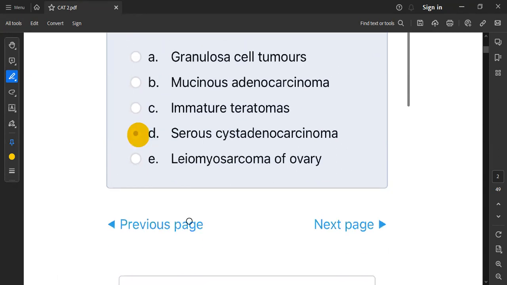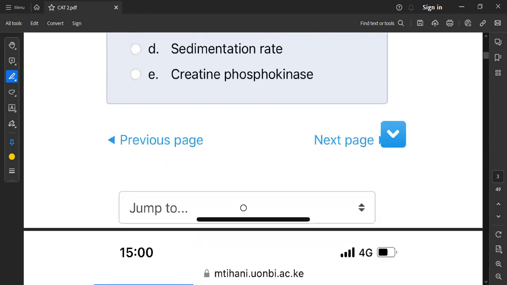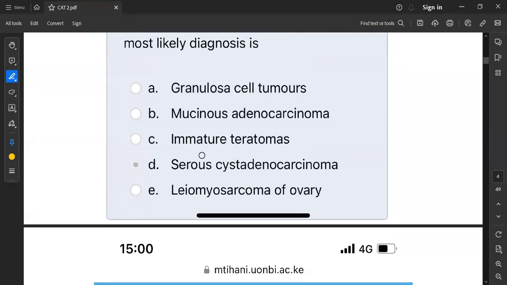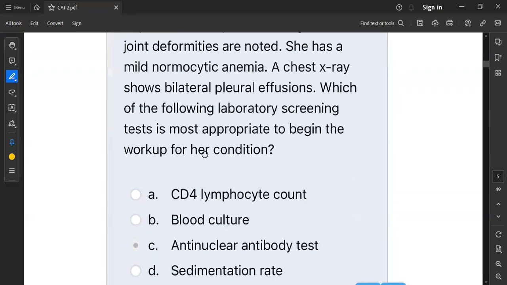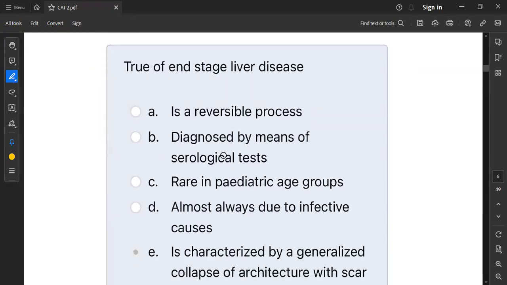The next is number 4. True of end-stage liver disease. I think we might have seen this last time when we were going through, but we can still provide the correct response.